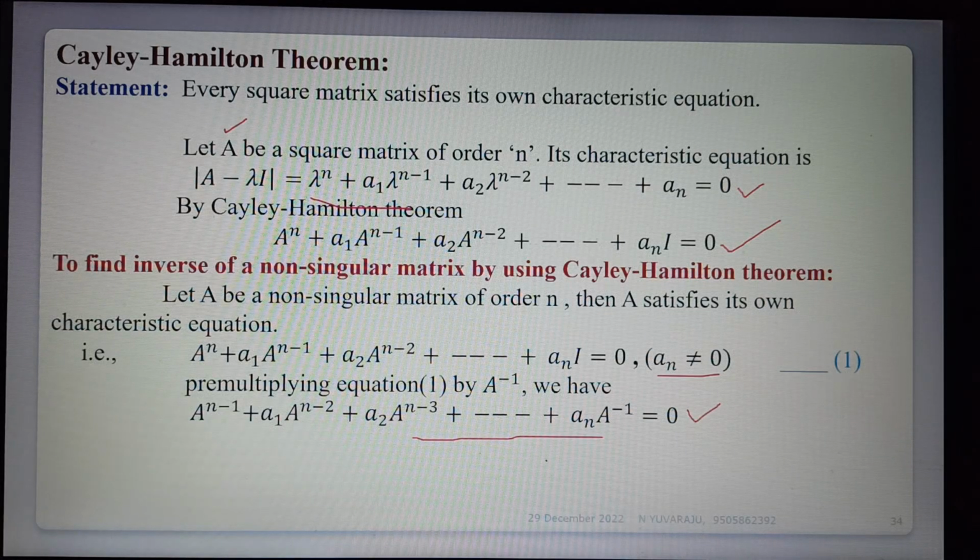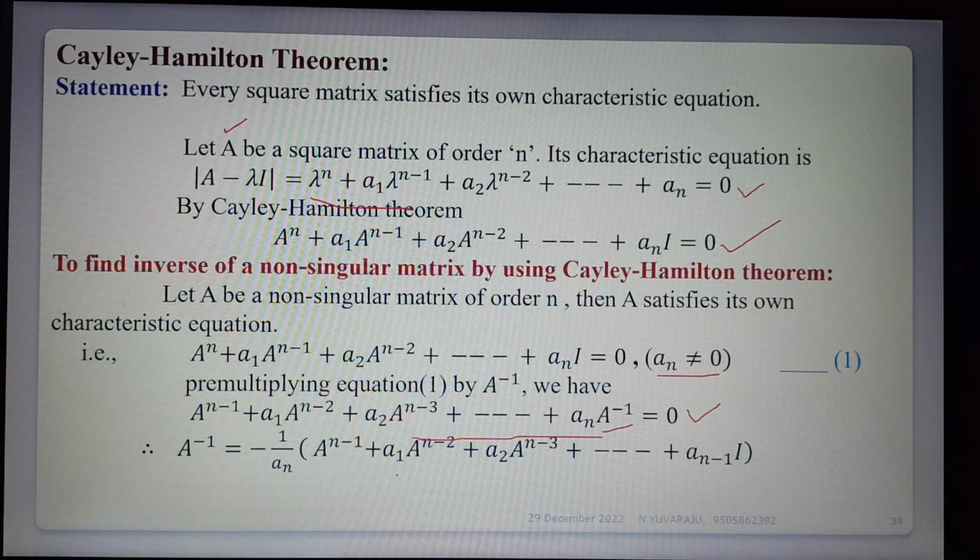Now we want A inverse, so taking the other terms to the right side, A inverse equals minus 1 by An times (A^(n-1) + A1 A^(n-2) + A2 A^(n-3) + ... + A(n-1) I). Substituting all the matrices here, we get A inverse of the given non-singular matrix by the Cayley-Hamilton theorem.